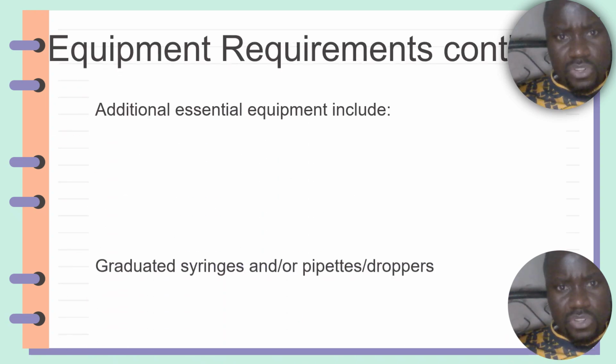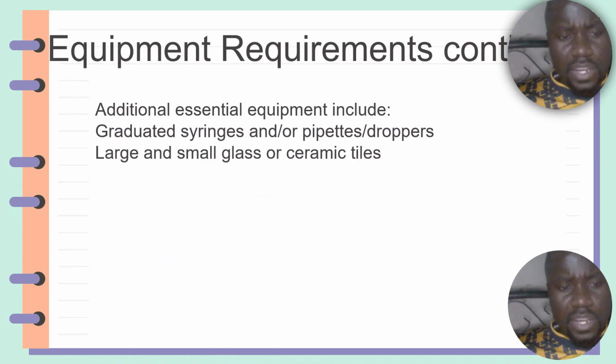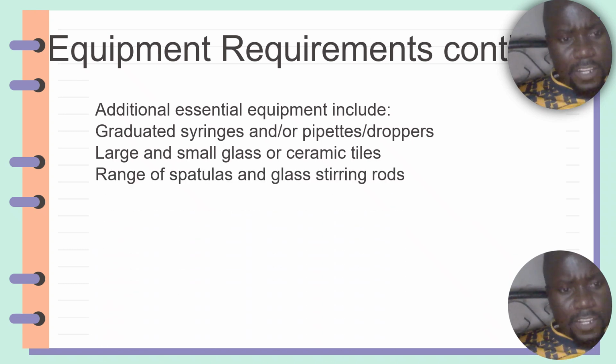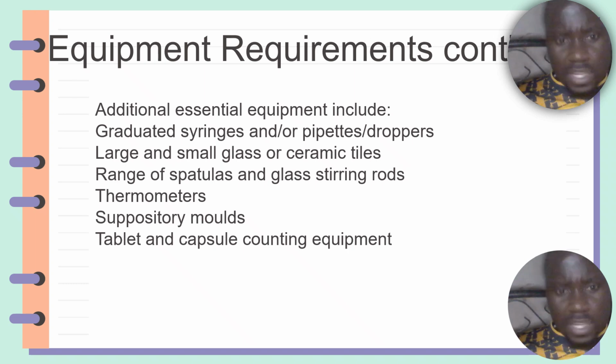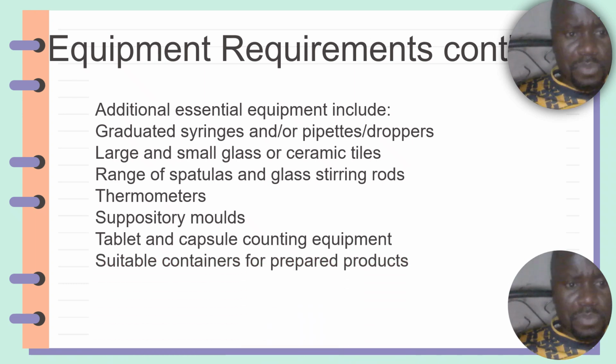Some of the additional equipment that you may need are graduated cylinders, pipettes, droppers for those small measurements, large and small glassware, ceramic tiles for titrations and ointment handling, a range of spatulas and glass stirring rods. Thermometers are crucial, suppository moulds, counting trays and equipment. This is very, very important.